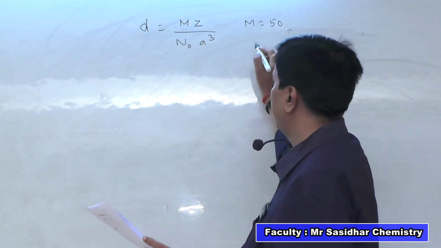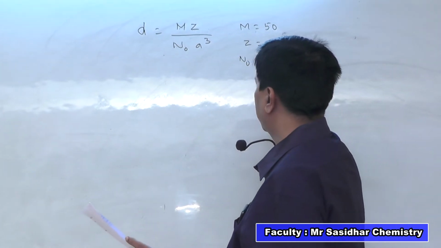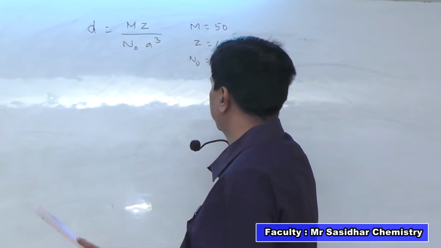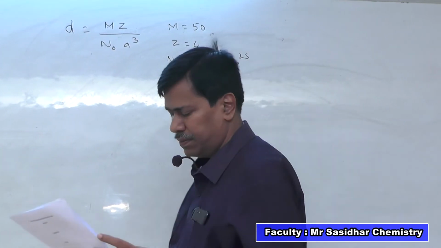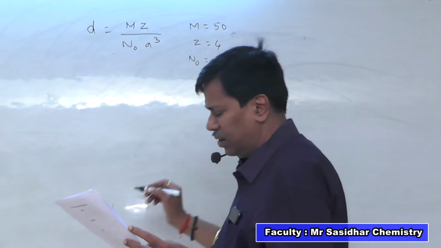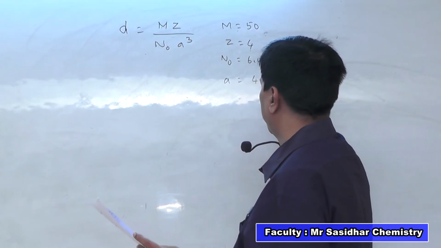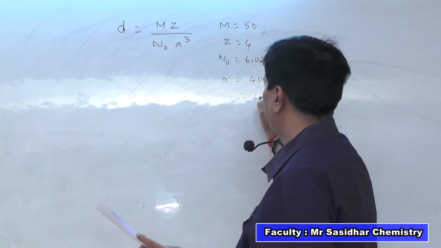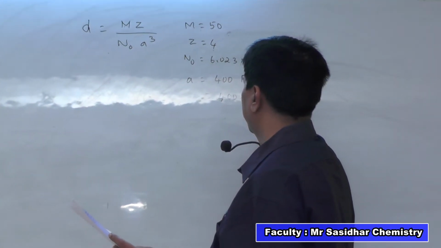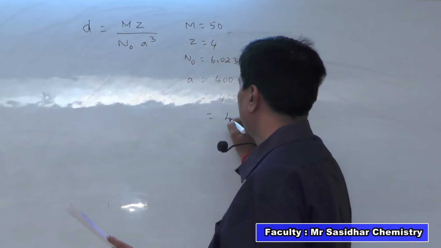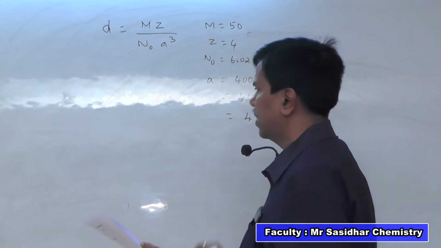Since it is FCC, z is 4. N naught will be 6.023 into 10 to the power of 23. And edge length is given 400 picometers. That will be 400 into 10 to the power of minus 12 meters, or 4 into 10 to the power of minus 8 centimeters.